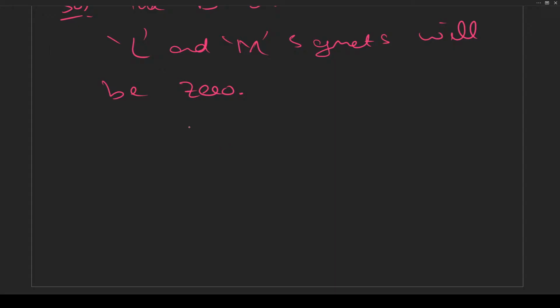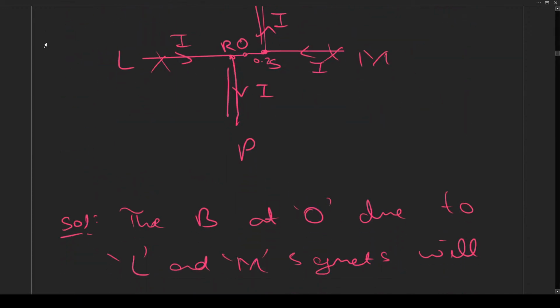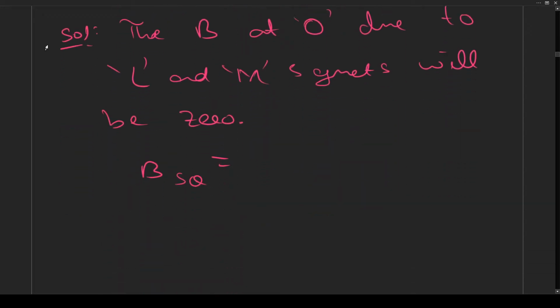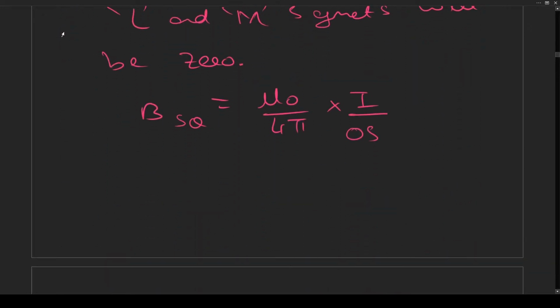we will get B SQ, the magnetic field due to this segment here, mu naught by 4 pi into I by OS, that is this distance here, which we will get 10 by 0.02 into 10 power minus 7.